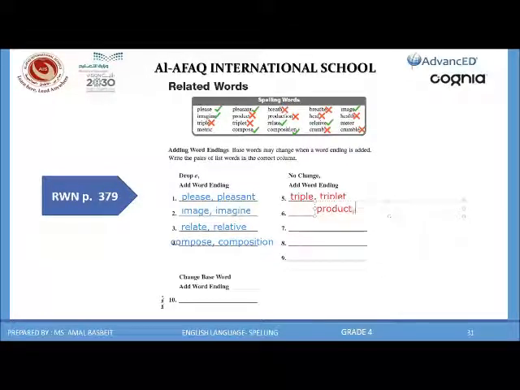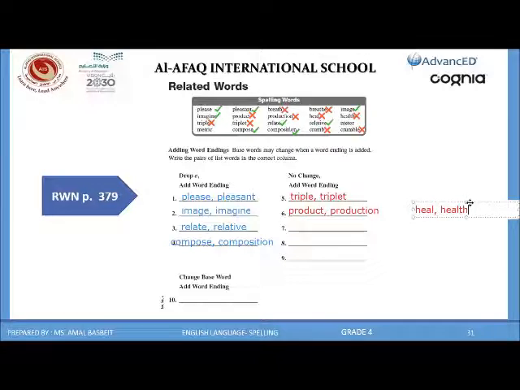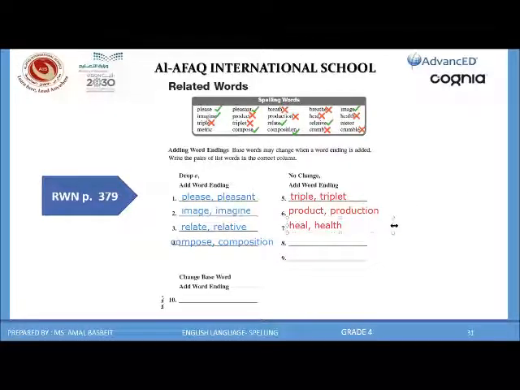Another word here, product, production. Product, production. And then the next word is heal, health. The spelling stays the same for the base word. You just add the word ending.